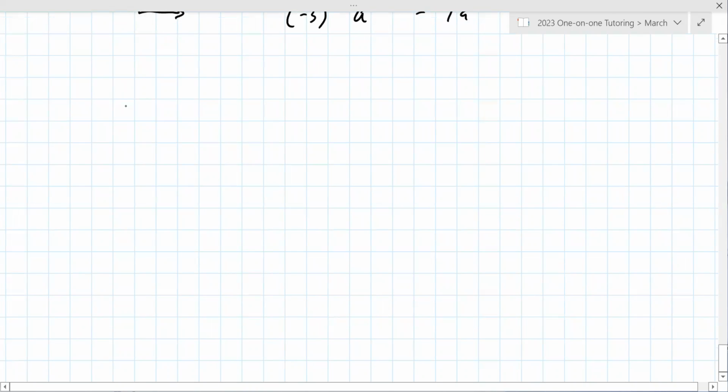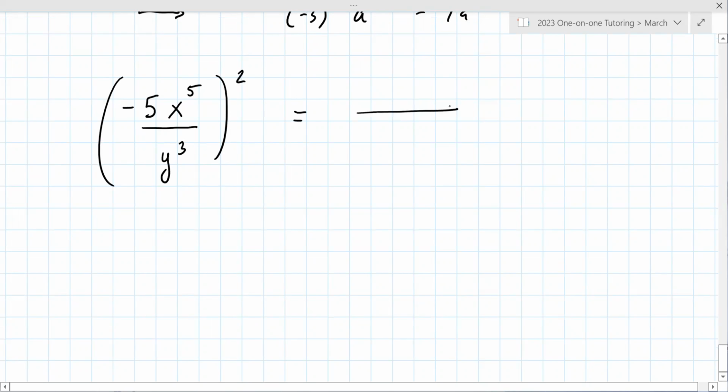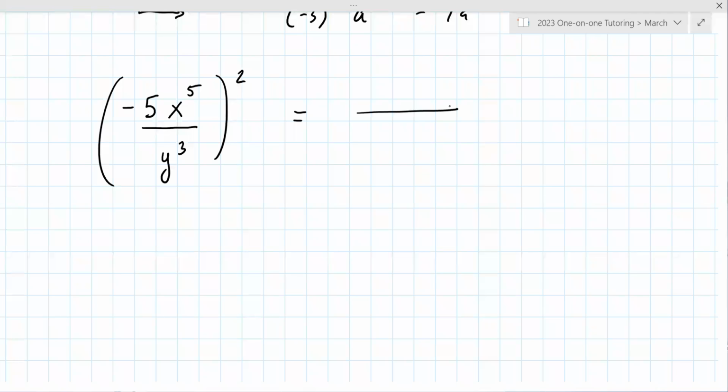Let's say it's -5x to the 5th over y cubed, to the power of 2. Go ahead and simplify this for me, please. Okay, it would be 10.